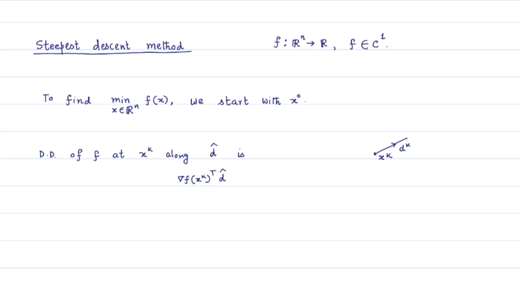We want to choose dk, the direction of movement, as one of these d hat for which this directional derivative has the minimum value. So here we want to find one d hat for which this value is minimum.